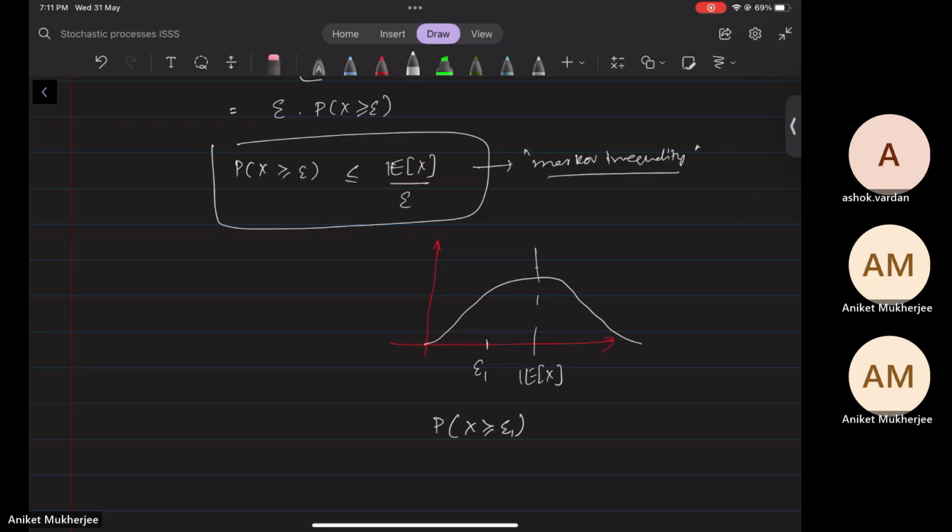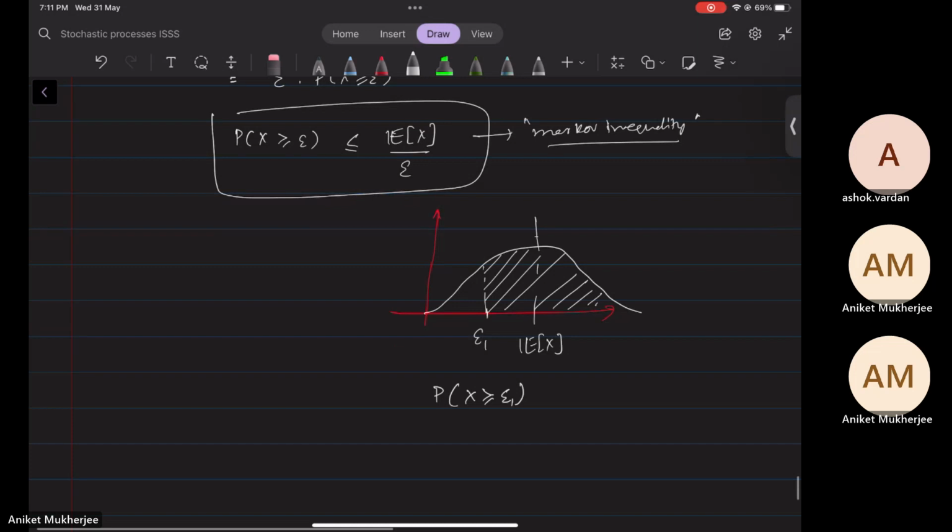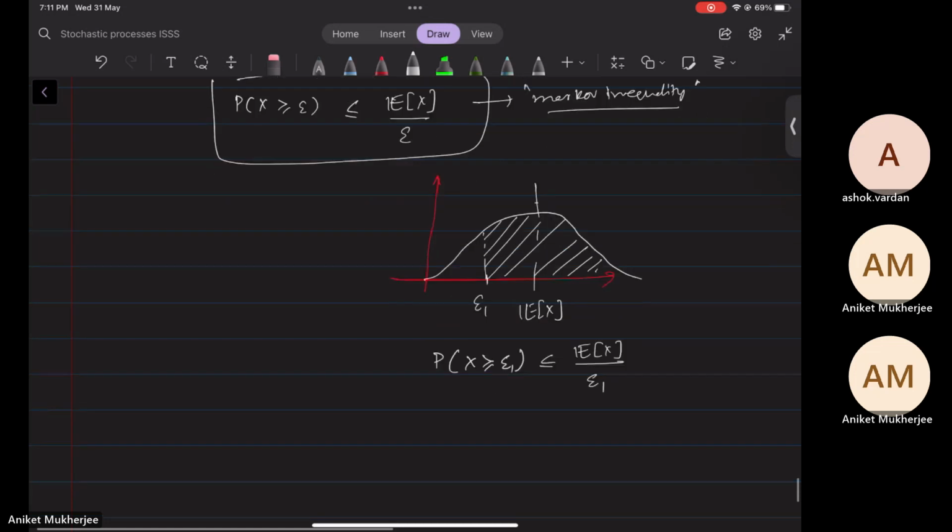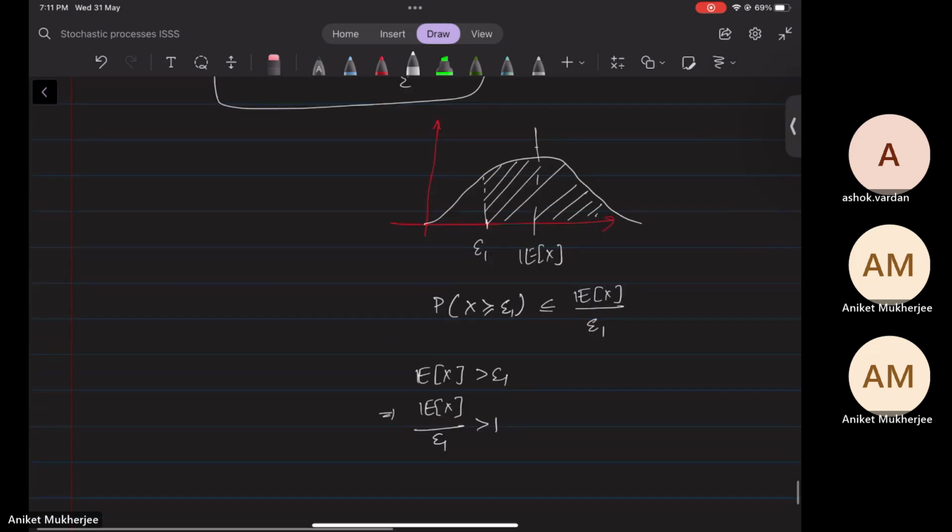This probability is basically this part of the curve, right? The Markov inequality says that this is less than or equal to expectation of x by epsilon 1. But you know that expectation of x is greater than epsilon 1, which implies expectation of x by epsilon 1 is greater than or equal to 1.